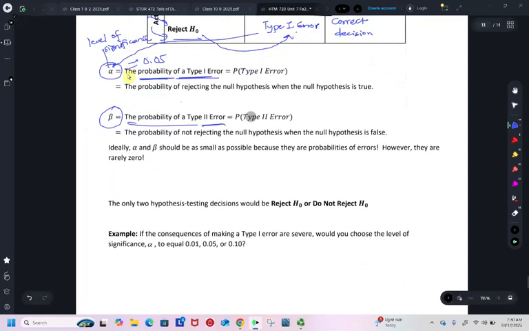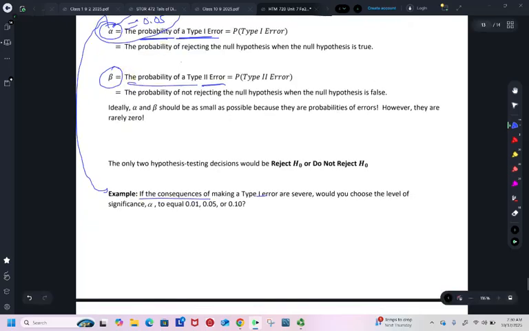You see, we would ideally like to make the probability of making type 1 error really low. So if the consequences of making a type 1 error are severe, what level of significance would you choose in conducting your test? Would it be 1%, 5%, or 10%?